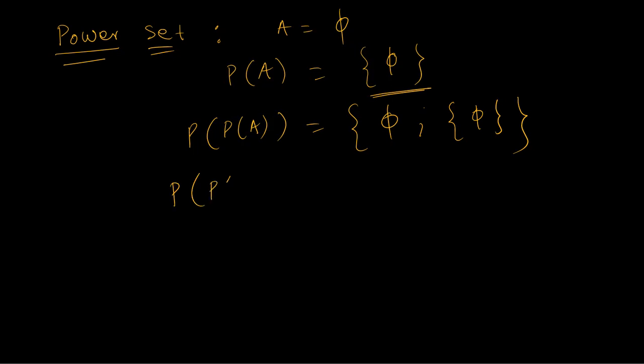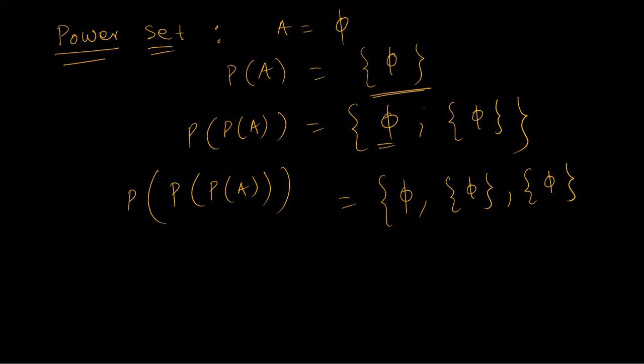P of A has phi as an empty set, this phi will become an element, and then the set itself, the whole set.